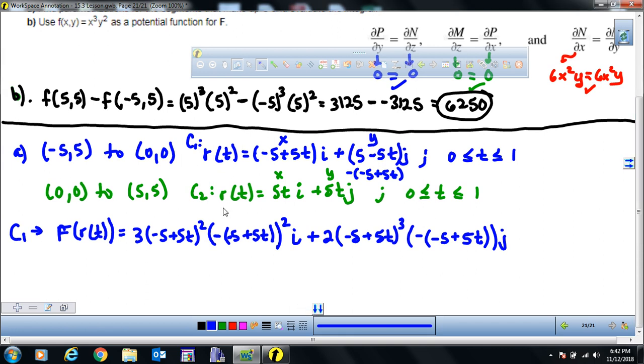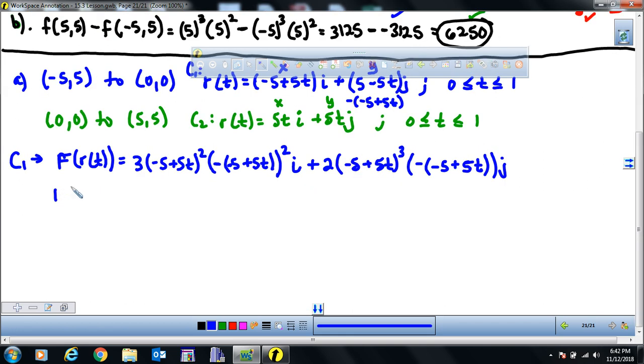Okay. So let's do the evaluation. Do you see the reason why I put it like this? Because negative, when I square it, that's going to become a positive, right? So this square times this same thing square would just be the same as negative 5 plus 5t to the 4th power.